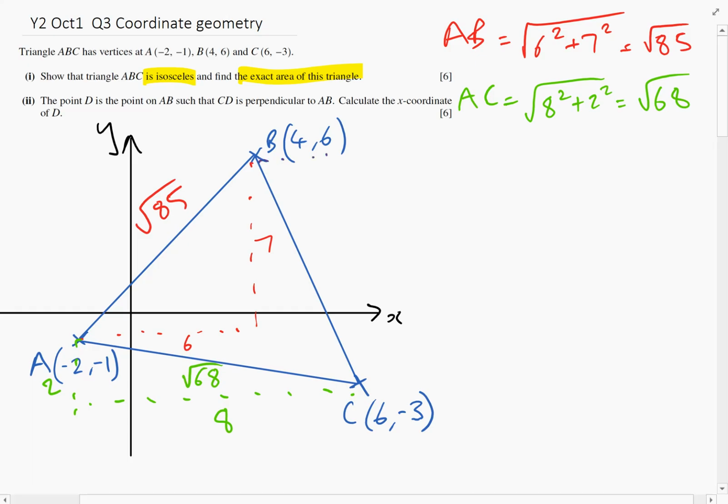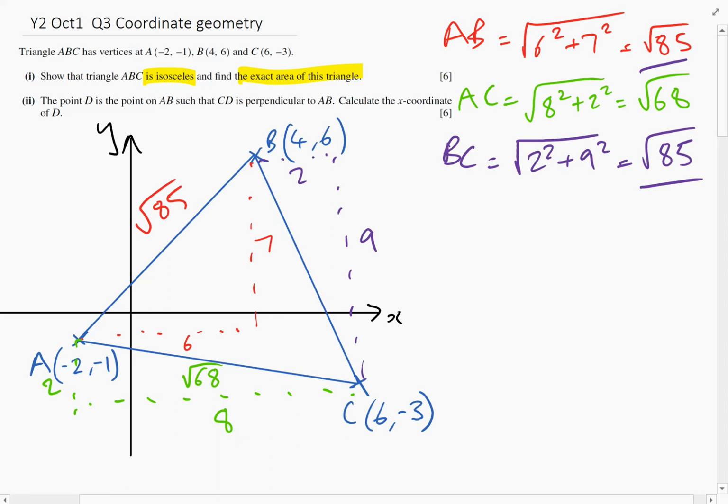Then B to C, we're going across 2, down 9. So B to C is the square root of 2 squared plus 9 squared, which is root 85, which is good news because it is the same as AB.